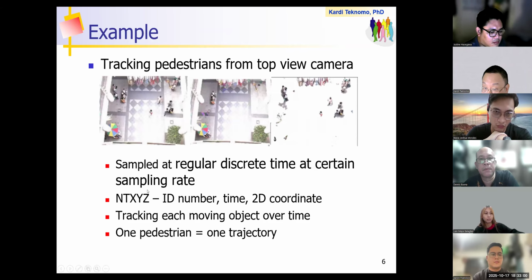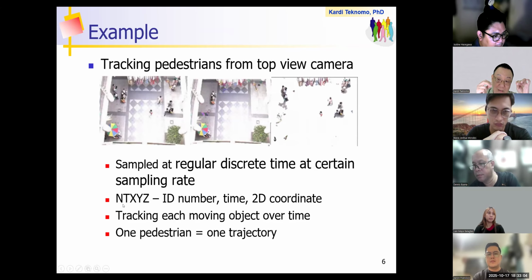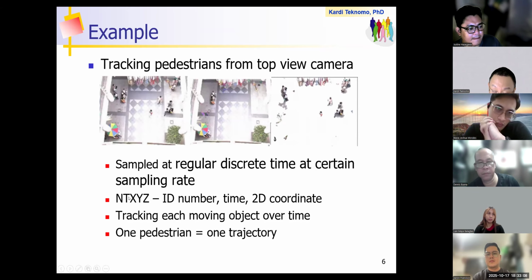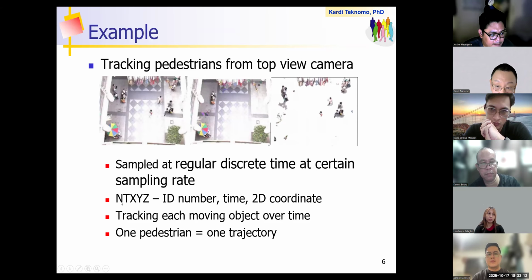Because this is trajectory in 3D space, I gave them a name at that time in 99. I call them NTXYZ. N is the ID, T is the time, XYZ is the 3D coordinate. This is basically the physical trajectory.